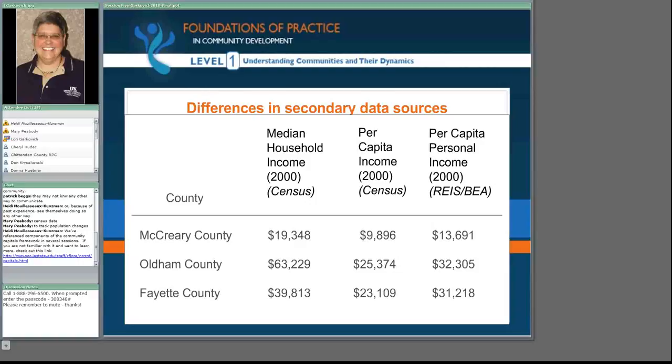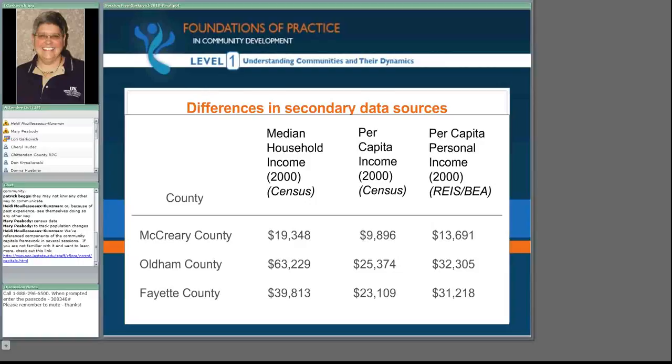Oldham County is near Louisville and is one of the richest counties in the state. And then Fayette County is Lexington. So you see three different kinds of a broad distribution about median, meaning half above, half below household income.